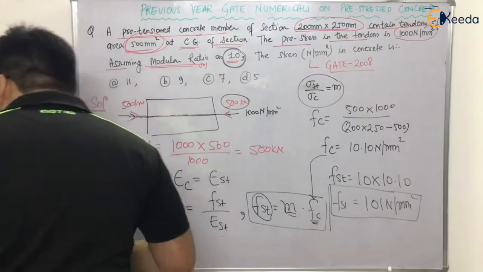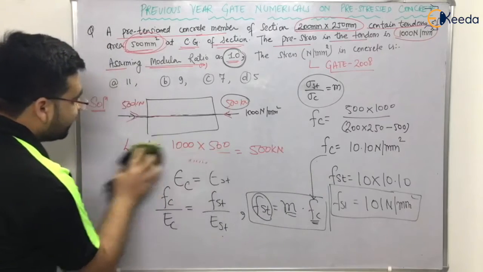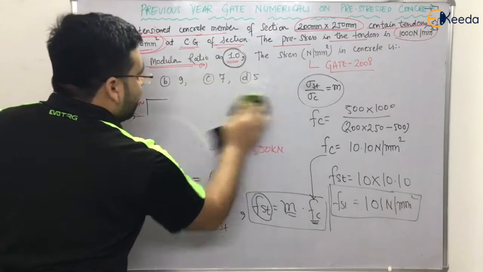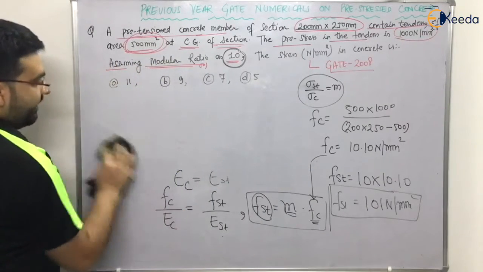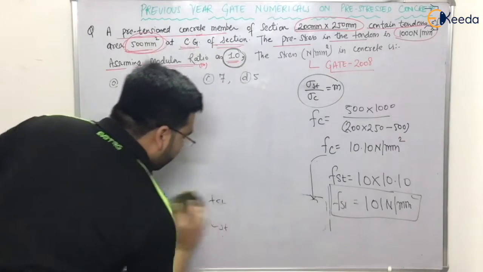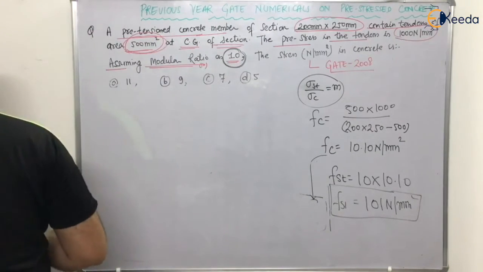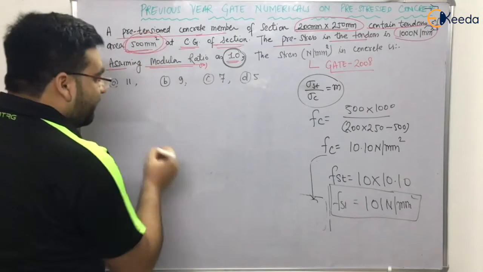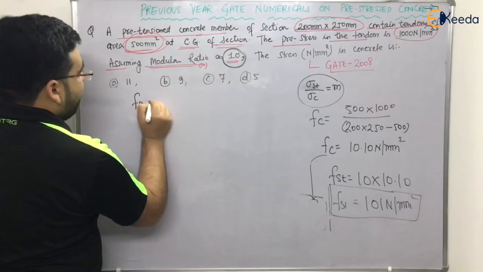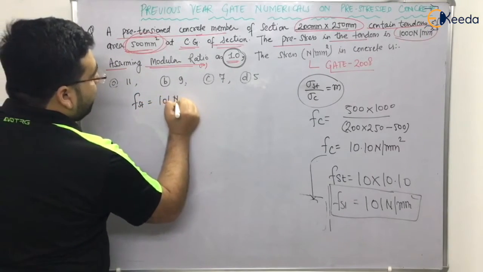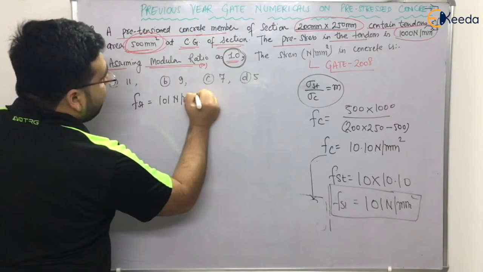So let me rub this. I have got 101. Now let me rub this, right? Now I have got my fst as 101 Newton per mm square.